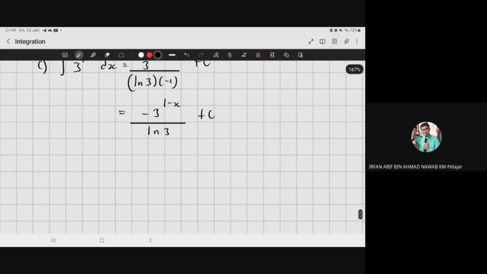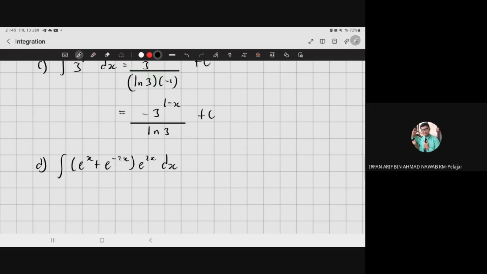So if you have this kind of question, say integrate e to the power of x plus e to the power of negative 2x, times e to the power of 2x. I think it's a typo. A few questions in your tutorial have a few typos here and there because sometimes they forgot to write the dx. So it's okay, that happens.